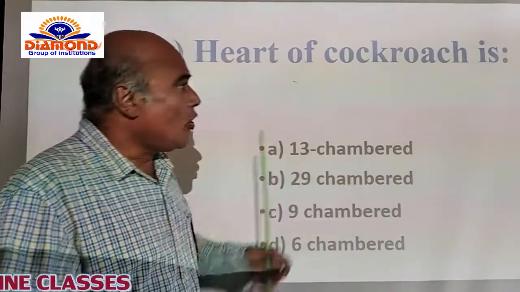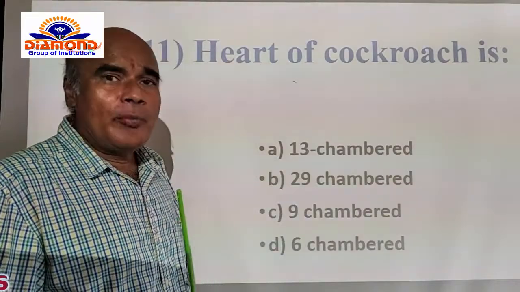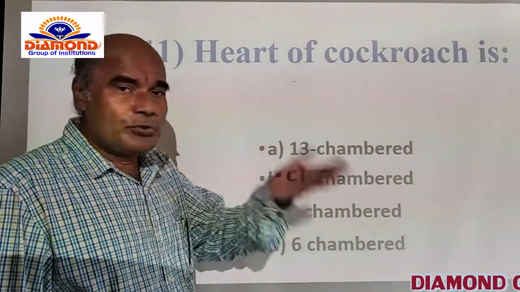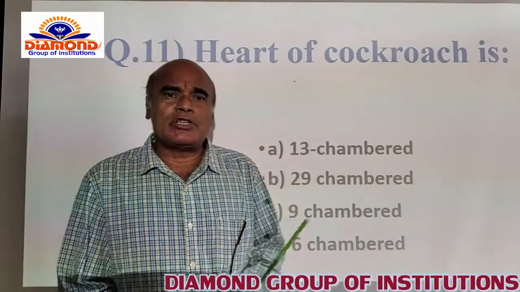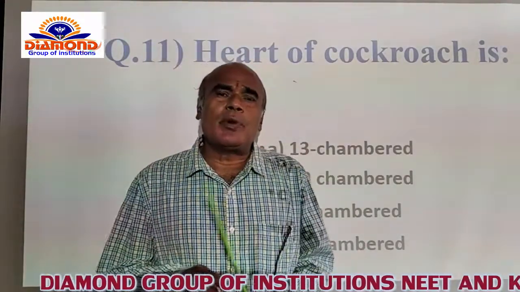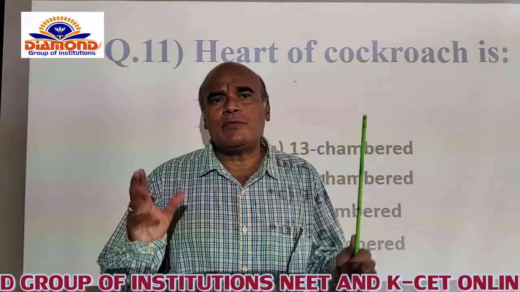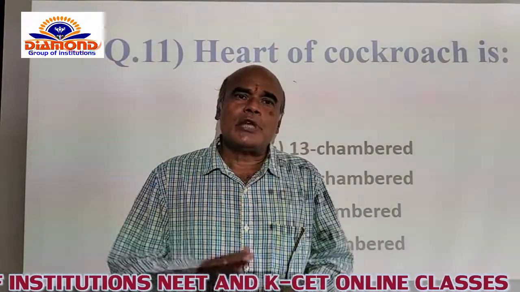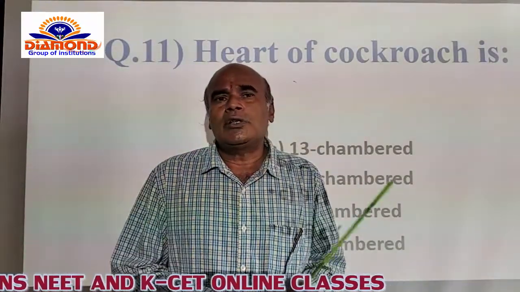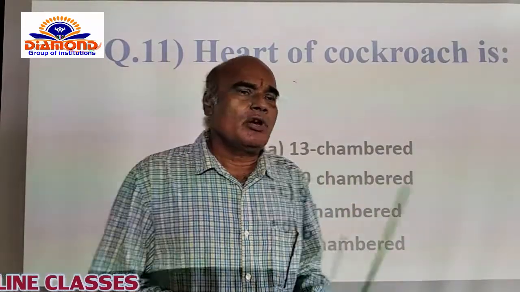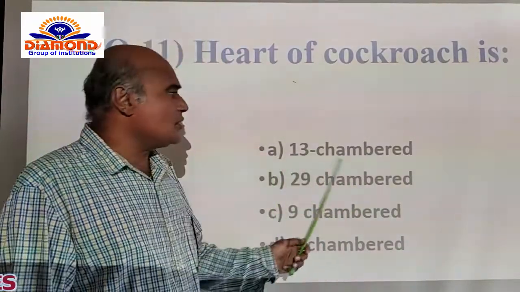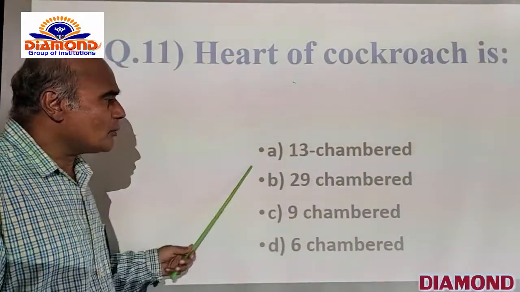Okay. Now, how many chambers can the heart have? You know what I said, the thoracic part is constituted by 3 segments, whereas the abdominal part of the cockroach consists of 10 segments. So 10 plus 3, 13. Naturally, the 13-chambered heart is present in the cockroach itself. Now, the first option, A, is the 13-chambered heart. This is the correct option.